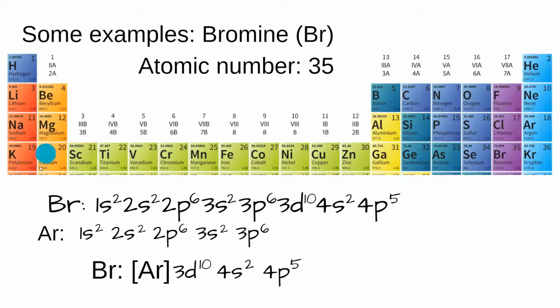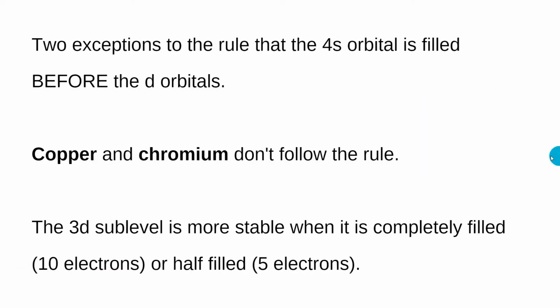So we've got the 4s2, 3d10, and 1, 2, 3, 4, 5, 4p5. And so I can just write what comes after Ar, which would be the 3d10, 4s2, 4p5. And you can do that for any of the elements.